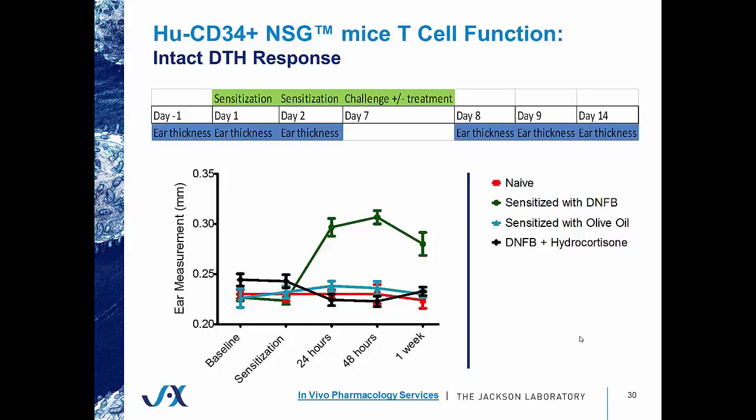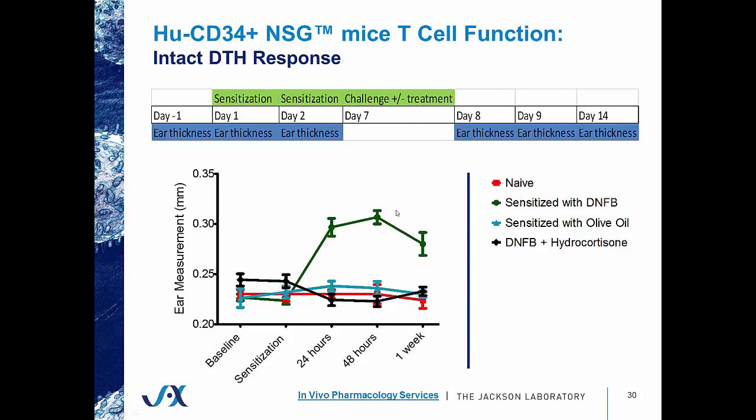So I'd like to show you some internal data from our own in vivo pharmacology services in which we test the DTH, or delayed type hypersensitivity response, which is a CD4 positive T cell response, in which we measure ear thickness as a readout for DTH after sensitizing humanized NSG mice with dinitrofluorobenzene.